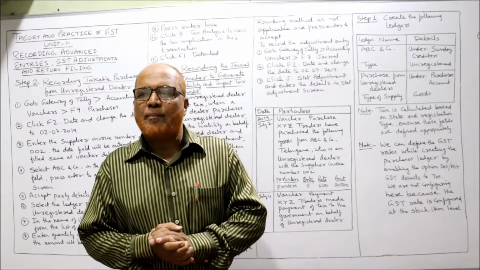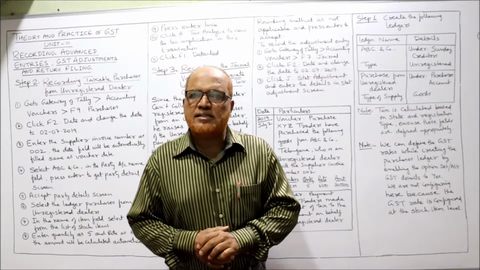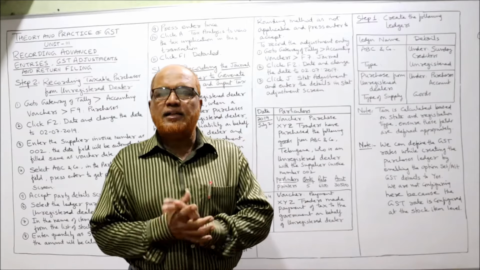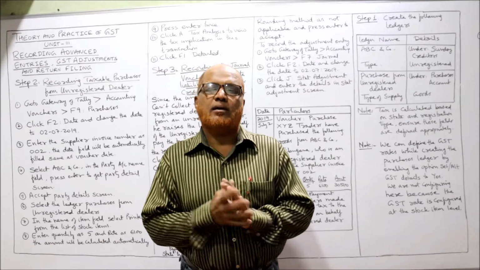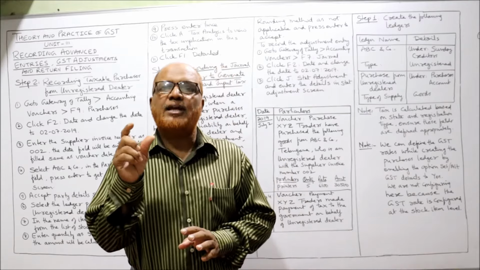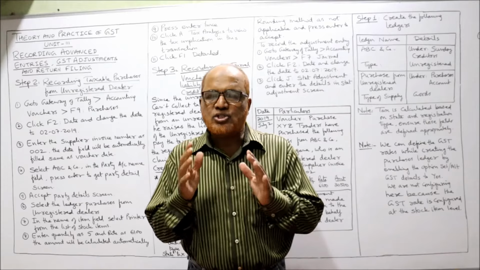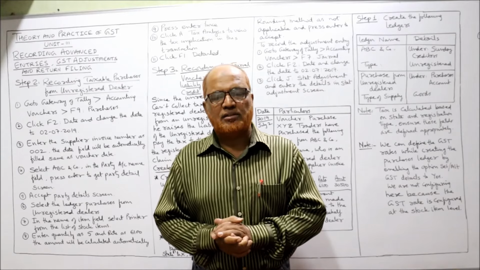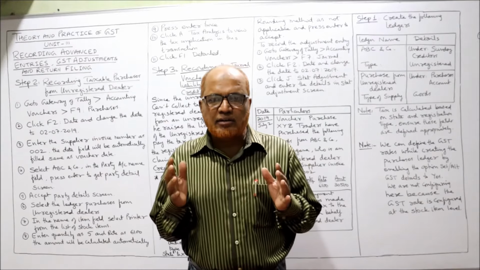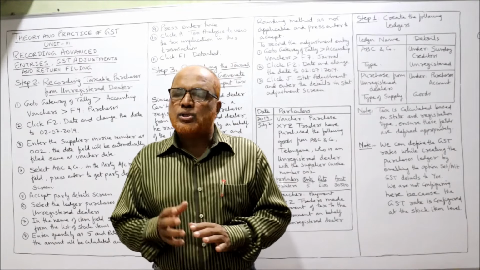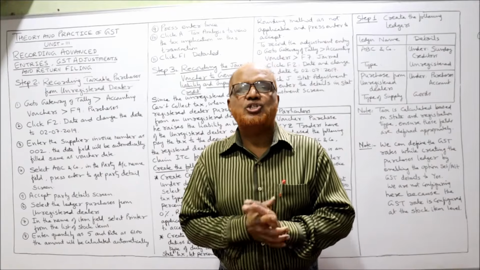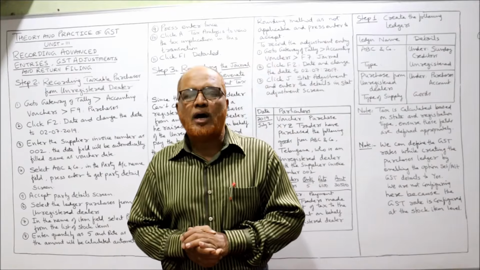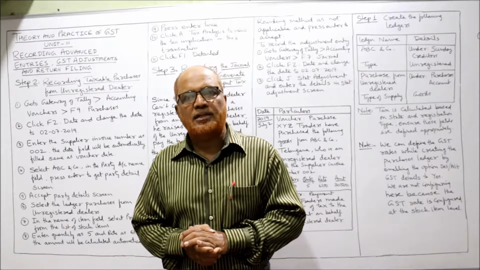So we are discussing purchases from unregistered dealers. Unregistered dealers are those dealers whose aggregate turnover is lower than the recommended threshold for registering under the GST. If a dealer's turnover is below the recommended limit for registration under GST, then the dealer will be called an unregistered dealer.